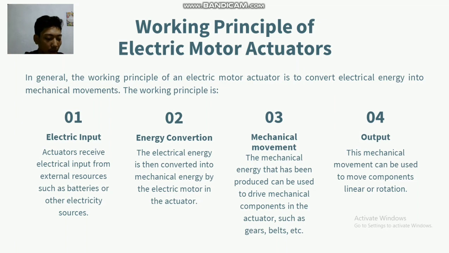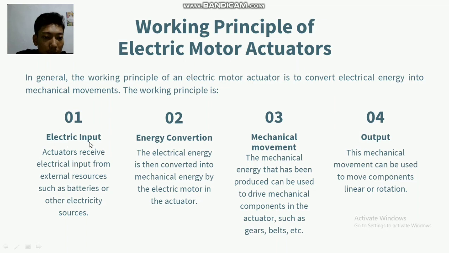A conductor carrying an electric current will become an electromagnet. Then if the conductor is in a magnetic field, the conductor will move according to the magnetic force, it can repel or attract.